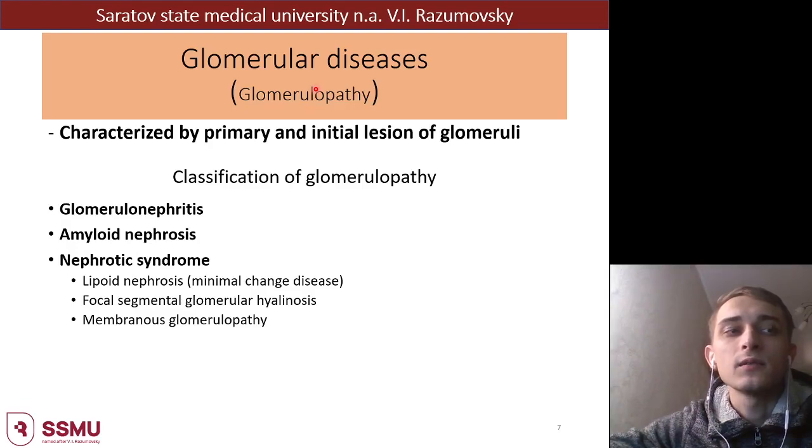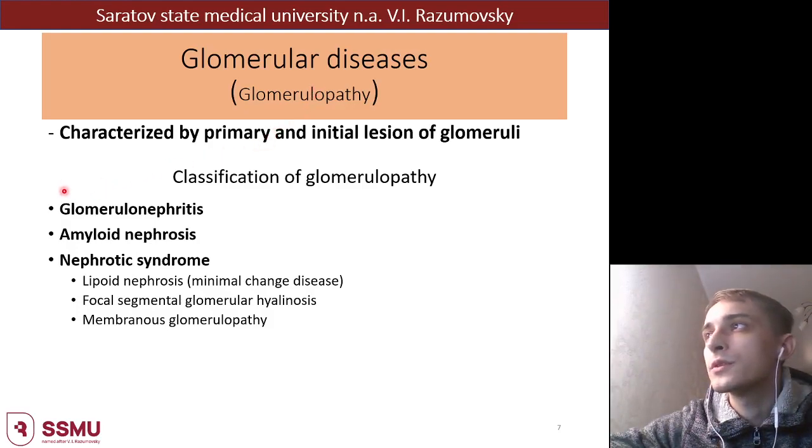Glomerulopathy is a special group of kidney diseases which manifest themselves by injury of glomeruli. This process has a lot of different manifestations. It may manifest itself as glomerulonephritis, amyloid nephrosis, or nephrotic syndrome.